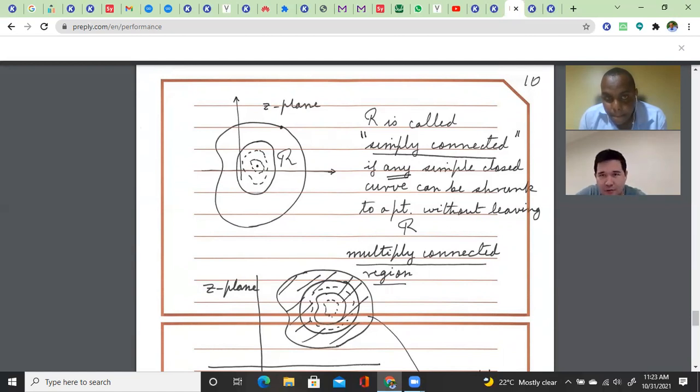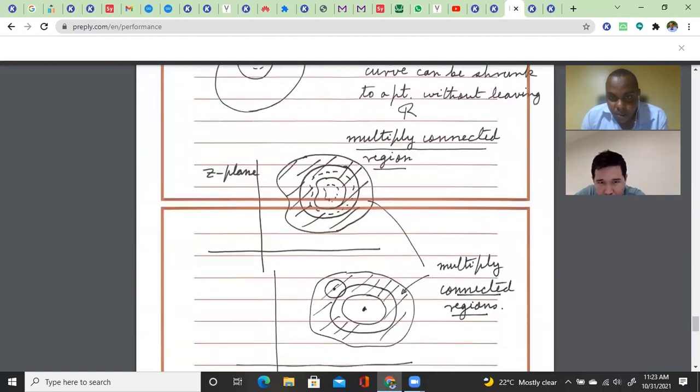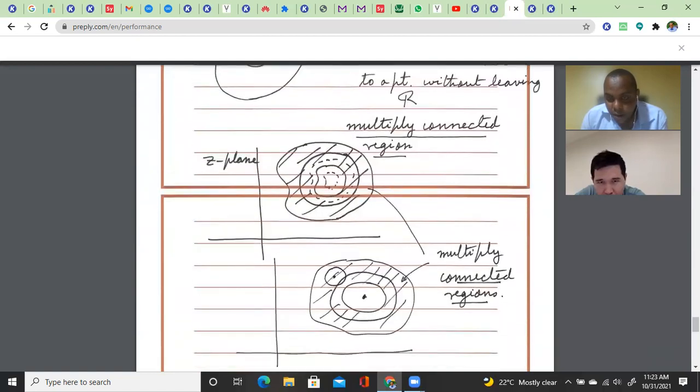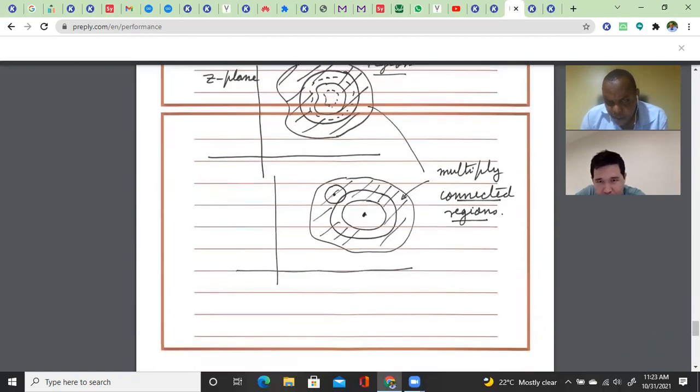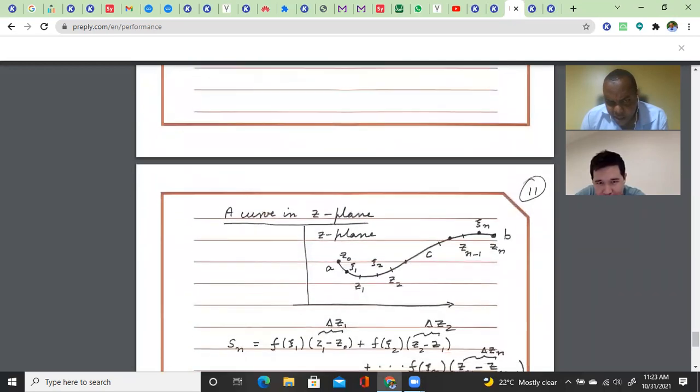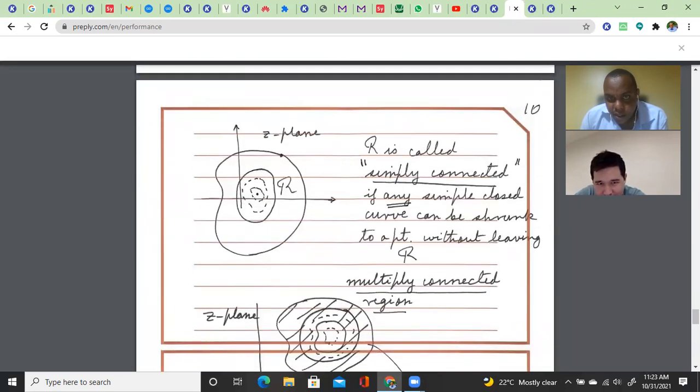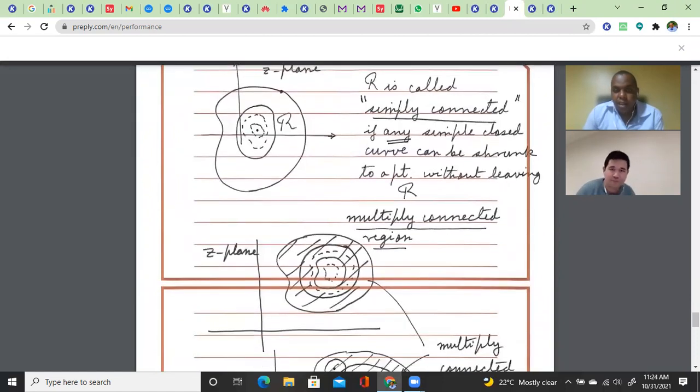So that is a simply connected region, and this is a multiply connected region. It's simply connected if any simple closed curve can be shrunk to a point without leaving R.